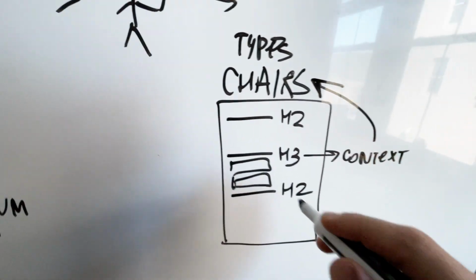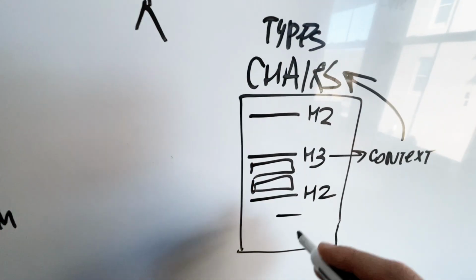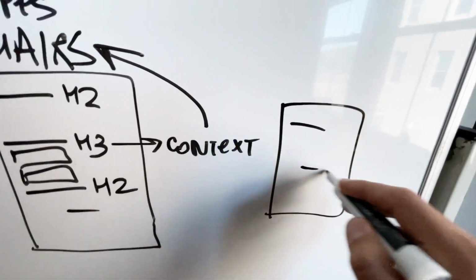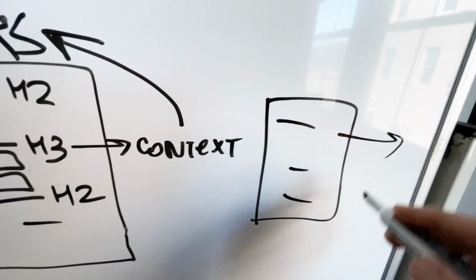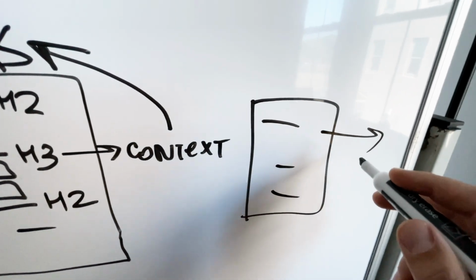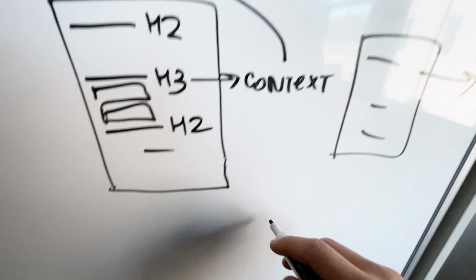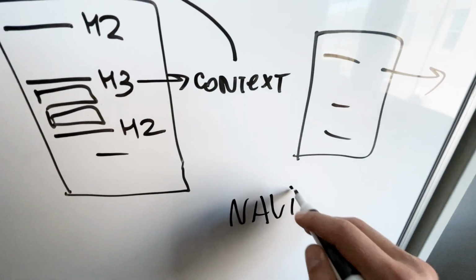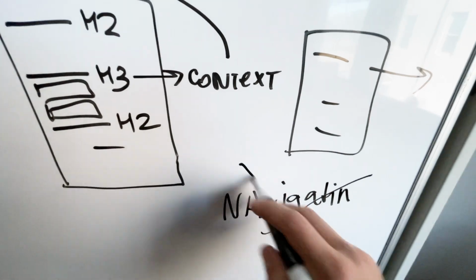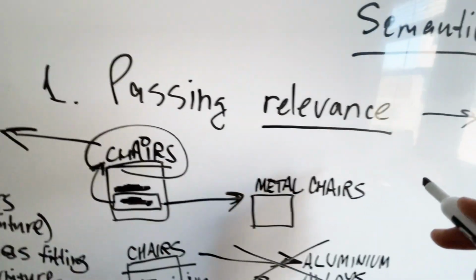So you cannot just pick a random word. You cannot just look at the article. When interlinking, you cannot just look at the page and find words that you link to. It's not really about UX or trying to make a good navigation system. It's not about navigation. Navigation is secondary. So first thing is passing relevance.